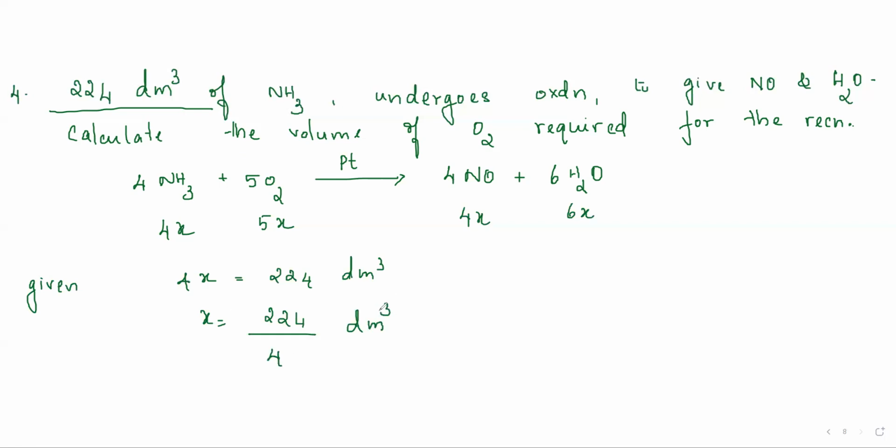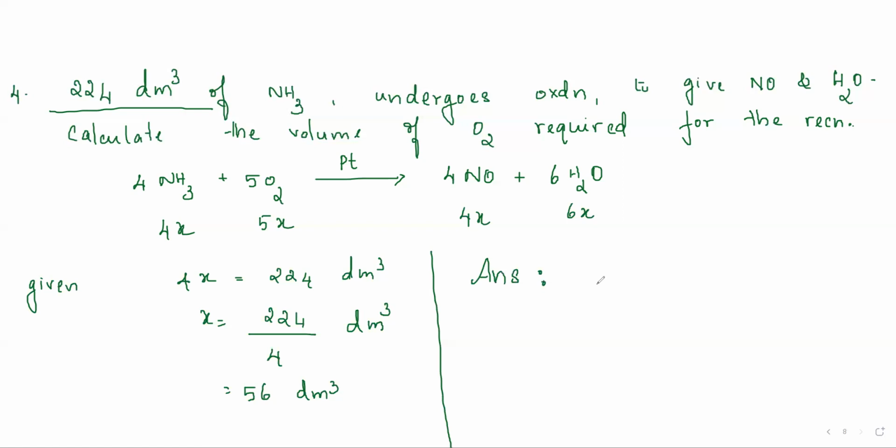So whatever it is, you can leave it the same way, or you can divide it, 224 by 4, that is equal to 56 dm cube. But what's the question? Calculate the volume of oxygen required.